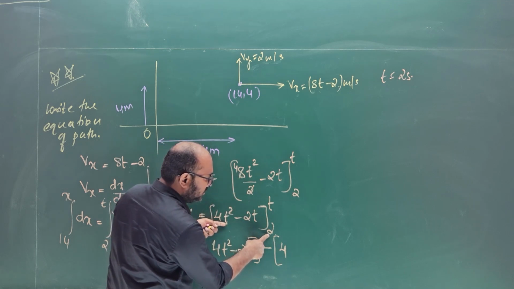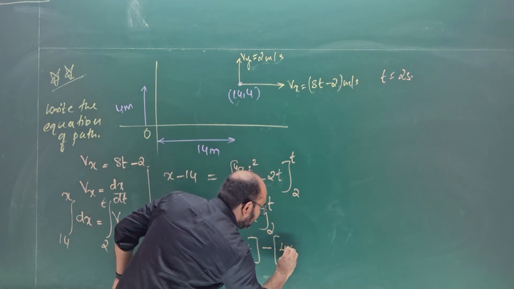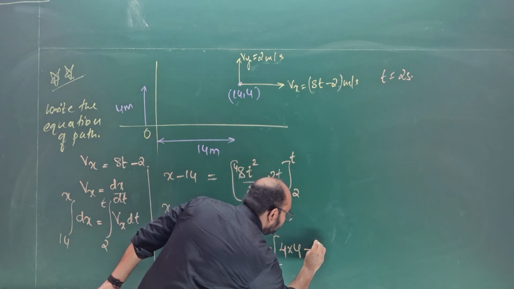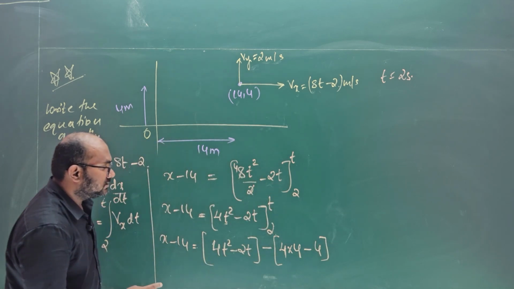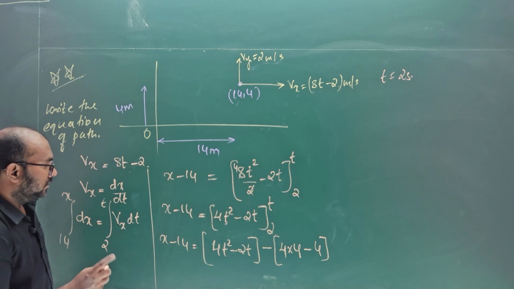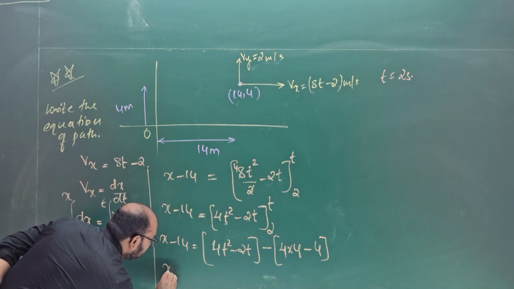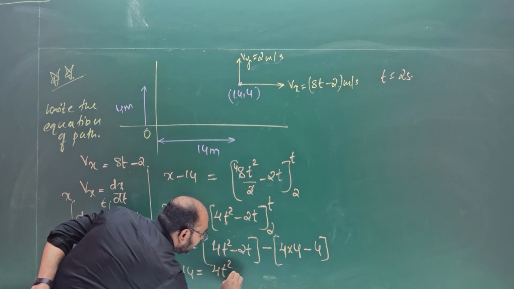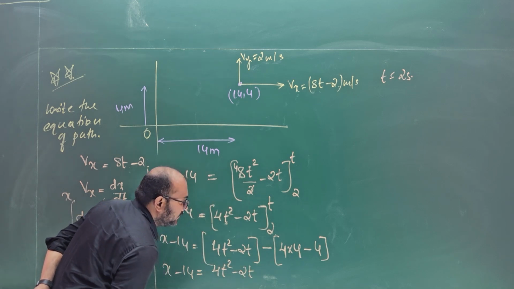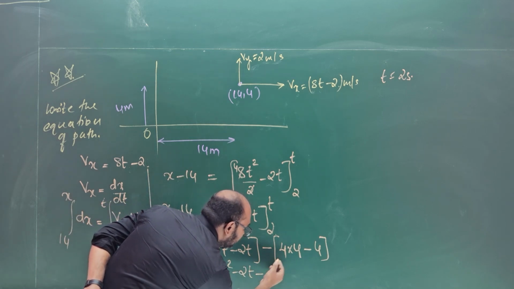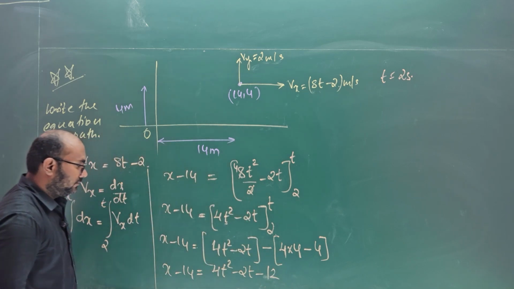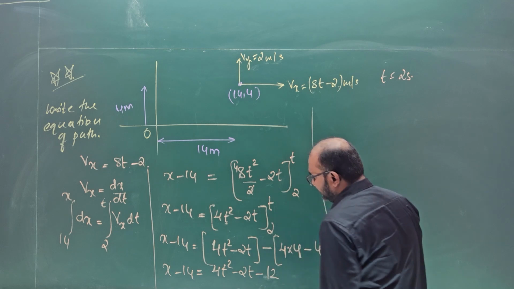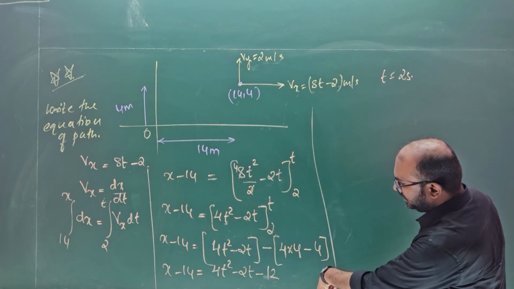Now t square becomes 2 squared, which is 4, so 16 minus 4 is 12. So x minus 14 is equal to 4t square minus 2t minus 12. Got my point? Okay. Then after simplifying, 14 goes to the other side.